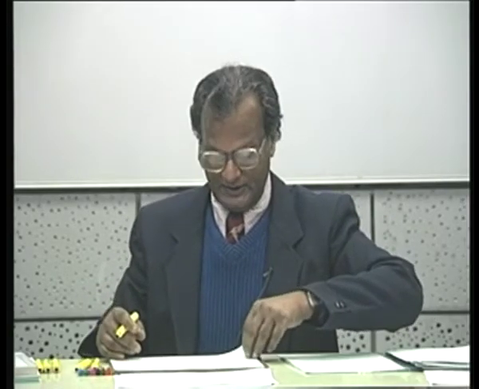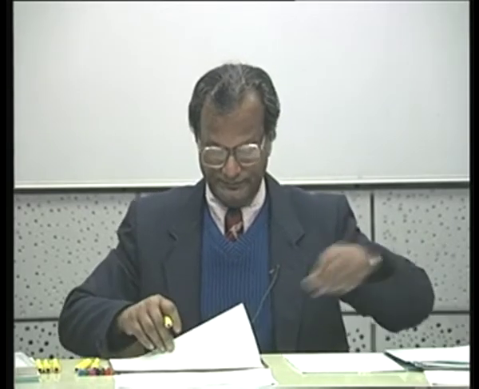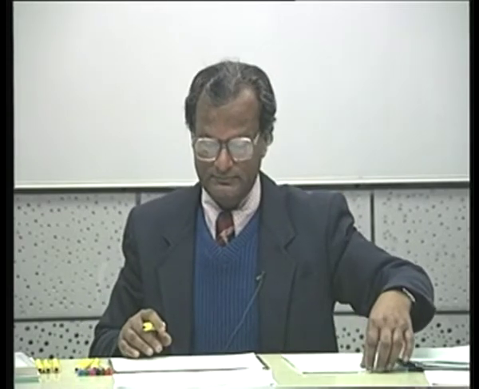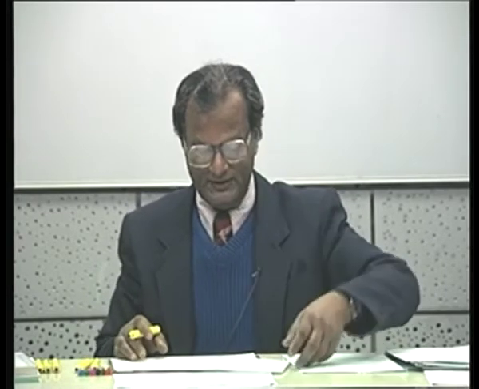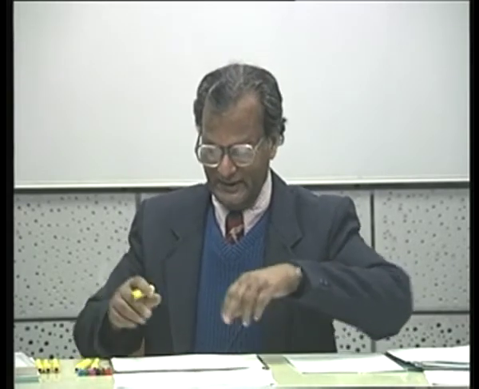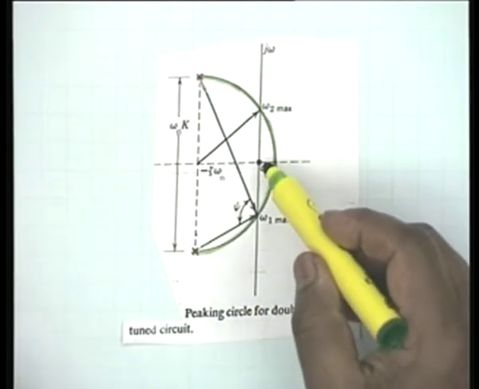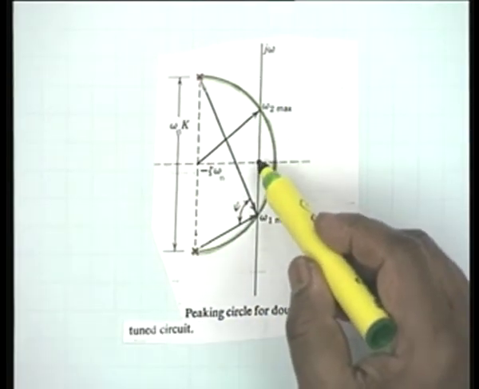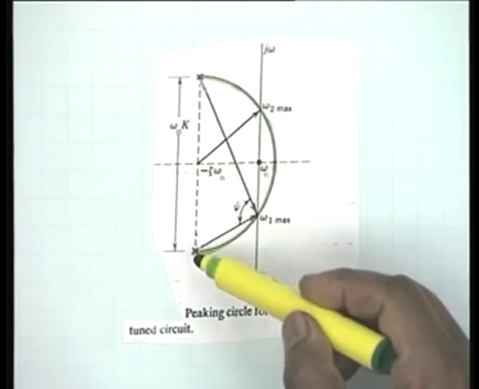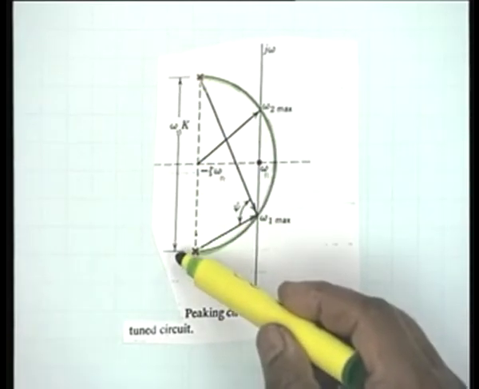Okay, let me show a typical situation. Here we have assumed a typical situation. Omega n is the center frequency, and then I have the 2 poles, the red crossed ones, at a distance of omega n k from each other.